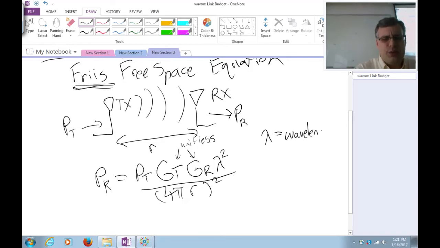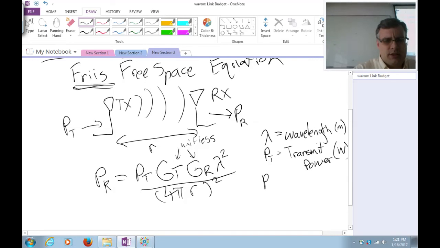So lambda is the wavelength in free space, in meters. So that's, of course, the speed of light divided by the frequency. P sub T is transmit power, usually in watts. P sub R is receive power. It's going to be the same units as whatever transmit power is.